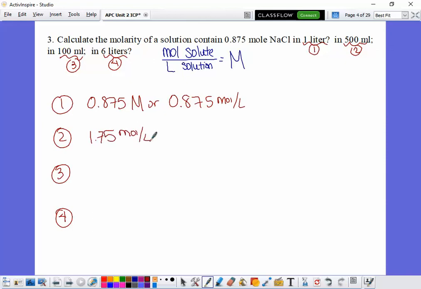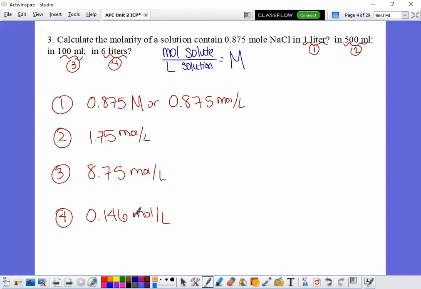What about when it's dissolved in 100 milliliters? 8.75. And then in 6 liters? 0.146 moles per liter. Okay, that one was pretty easy because you didn't have to do really any conversions there.